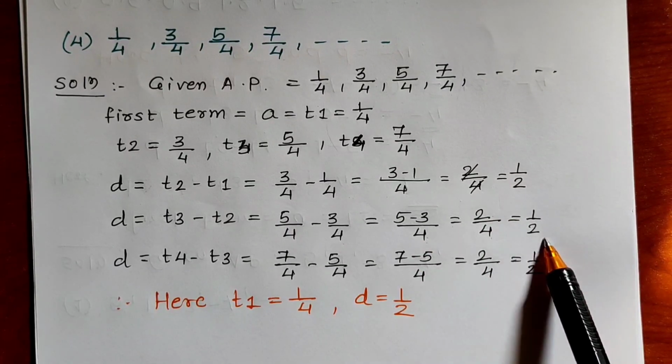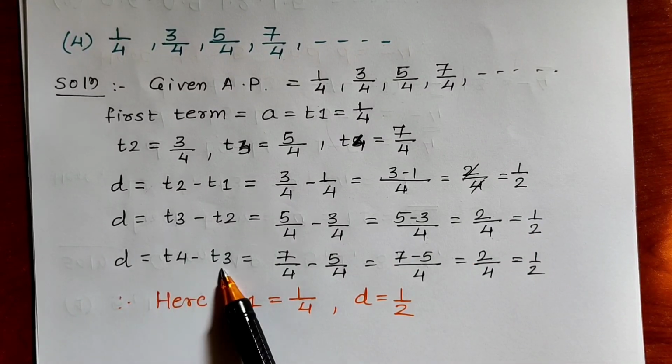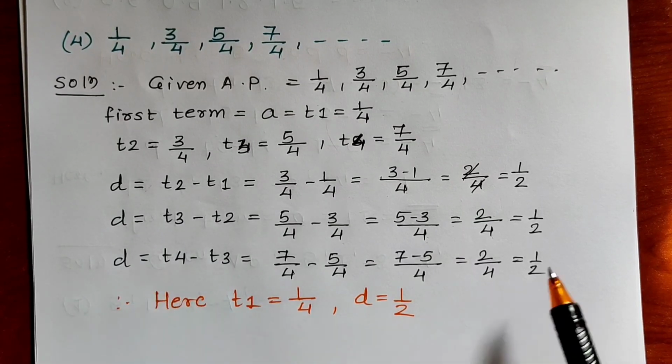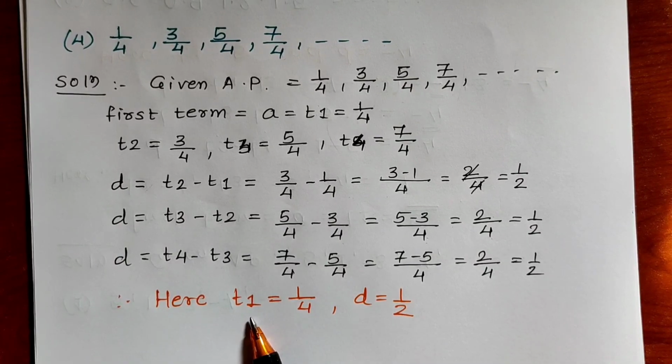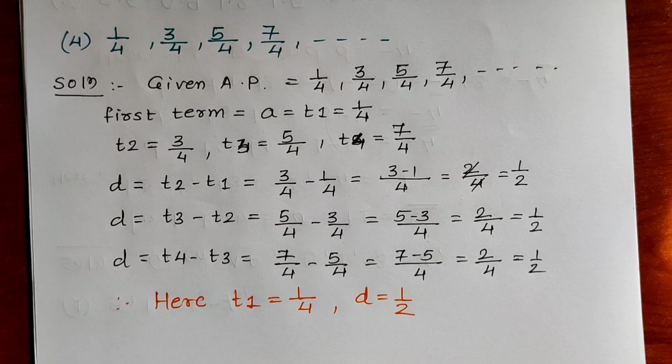So the answer is 1 upon 2. Again you can find that for the next two consecutive terms, the difference is again 1 upon 2. So the first term T1 is equal to 1 upon 4 and the common difference D is equal to 1 upon 2. In this way you can complete this question number 3 also, and we can complete all the questions from practice set 3.1.